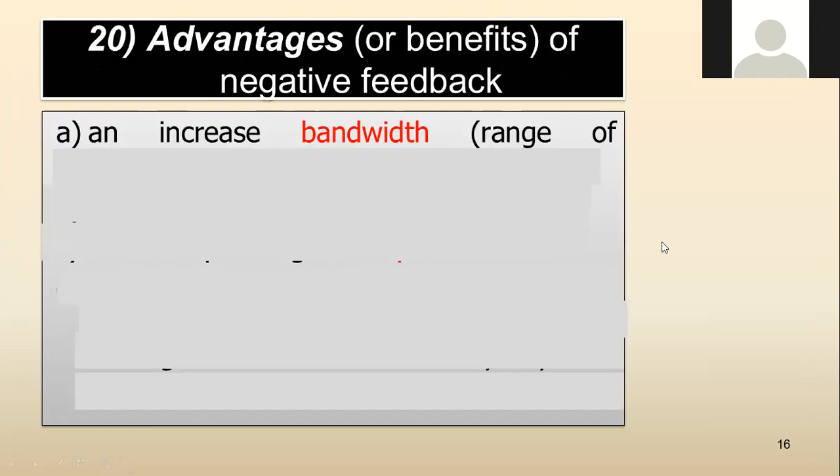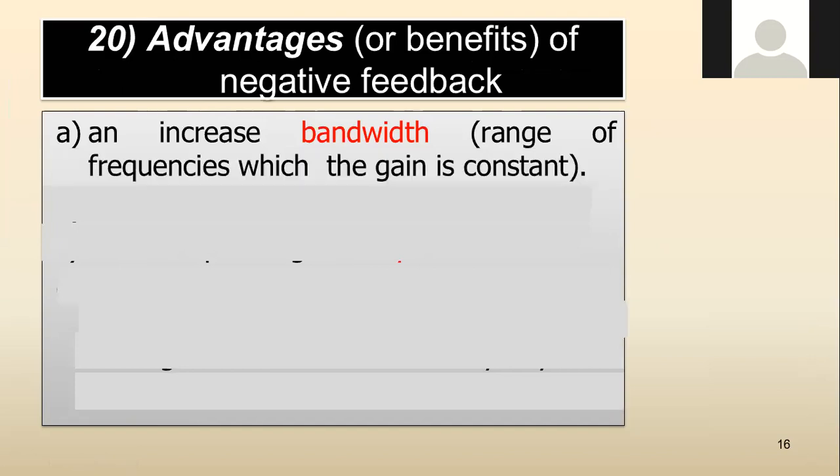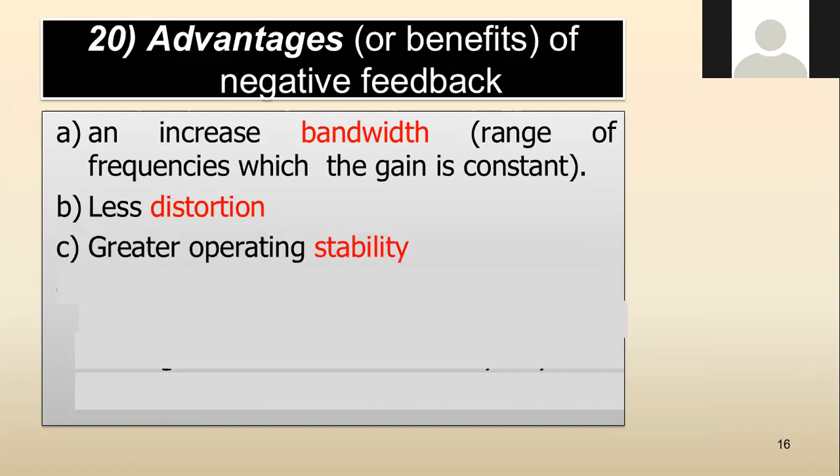The advantage or benefit of negative feedback is increased bandwidth. Remember, bandwidth is the range of frequency where the gain is constant. Less distortion: we get exactly the same waveform as we put in, but amplified. Greater operating stability, because now our gain doesn't depend on what is inside the op amp.